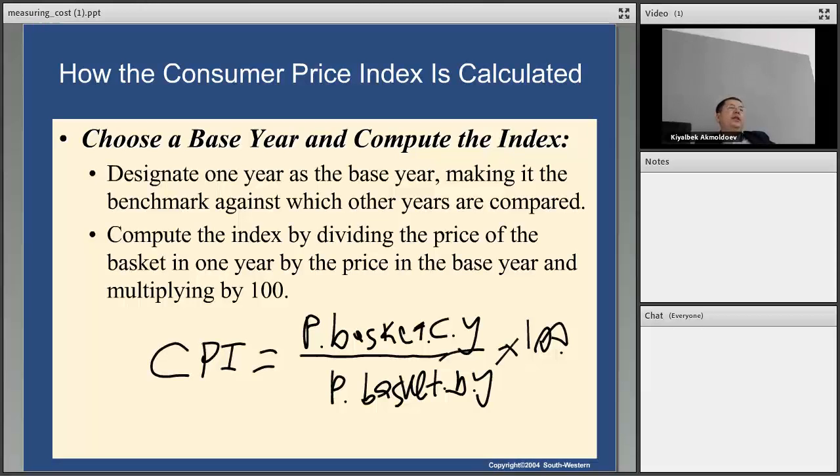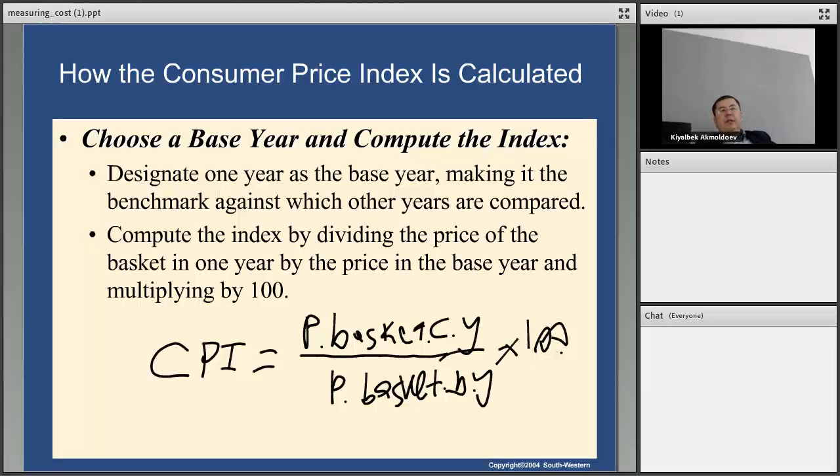After finding the cost of that basket, we compare it with the cost of the base year, or the previous year, or it might be two years ago. So we compare in which years the CPI is fixed, and according to that we fix our basket.